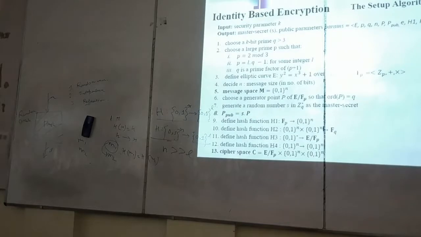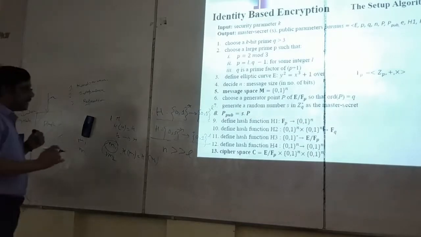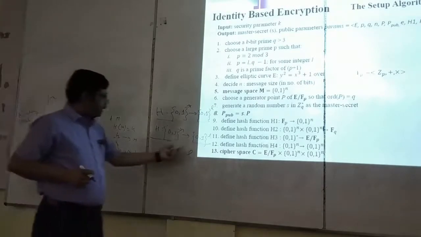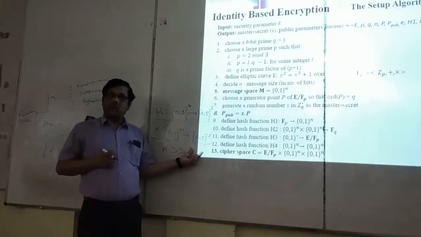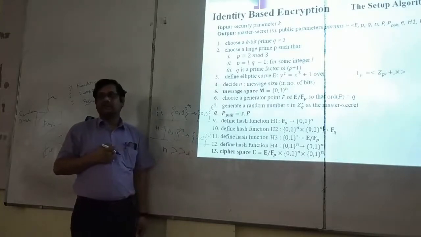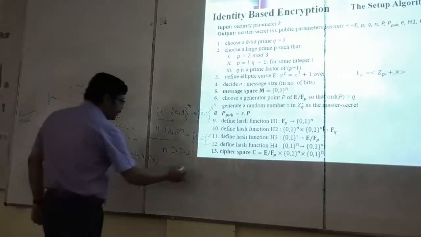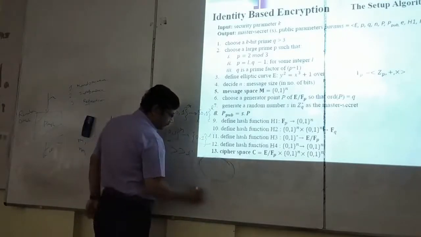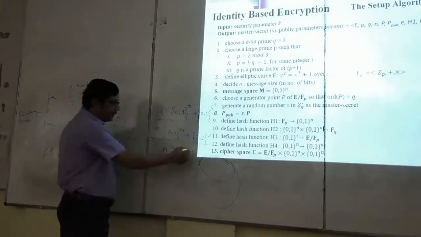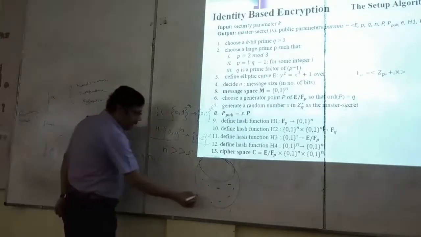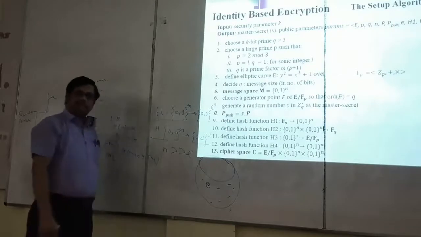Meaning, it is a random element from the codomain. How many elements are there in the codomain? 2 power L. To be specific, 2 power L minus 1, but approximately 2 power L. So there are 2 power L elements in this bucket, and you pick an element at random.